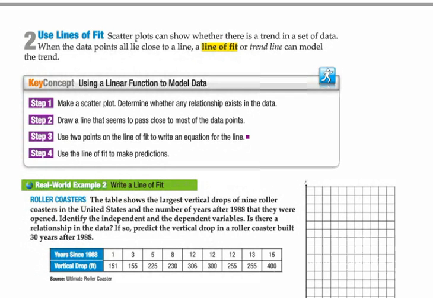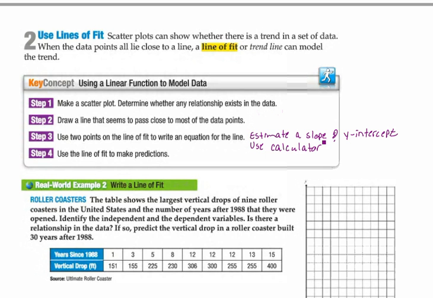This is one piece that we didn't do: we didn't use 2 points on the line of fit to write an equation. We will do that later, but I'm also going to show you how to use a calculator. You can also estimate a slope and y-intercept for quick information, or use a calculator.